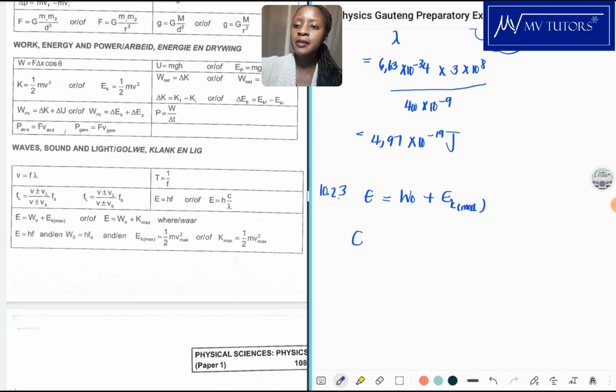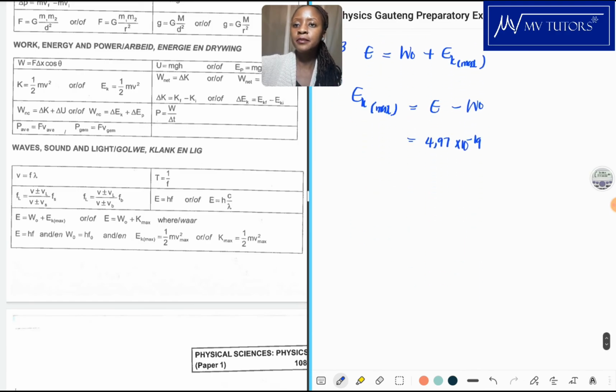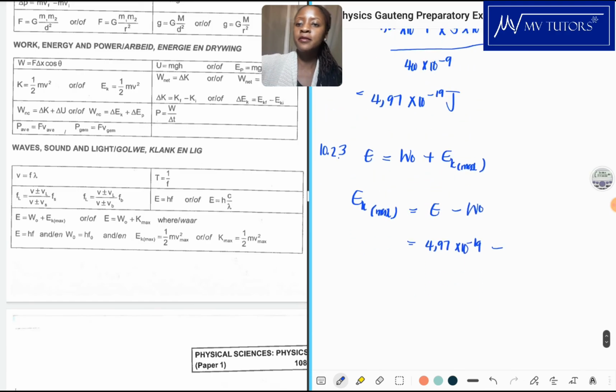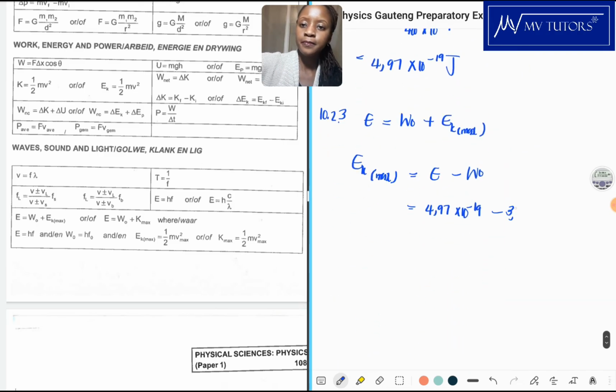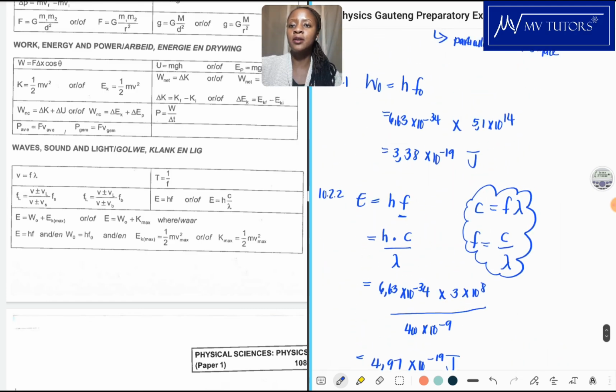So our maximum kinetic energy is actually equal to the energy minus the work function. The energy that we got there is 4,97 times 10 to the negative 19, minus the work function, 3,38. You know I'm an advocate for saving answers in the calculator so that your final answers are not watered down.